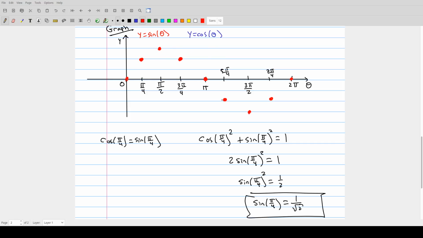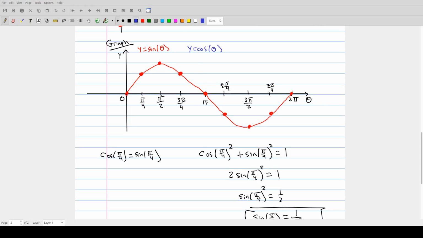It's going to be a curve that comes up like this, and then goes down, back up to 2 pi like this. This is what the sine function looks like for any angle theta.